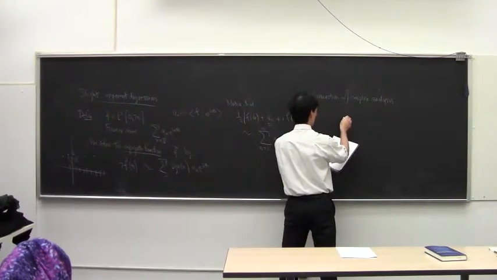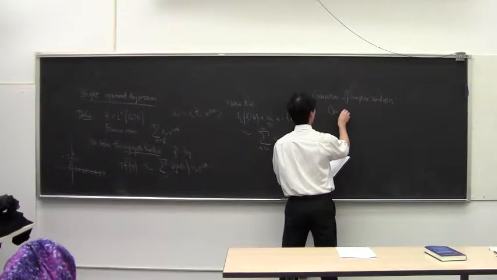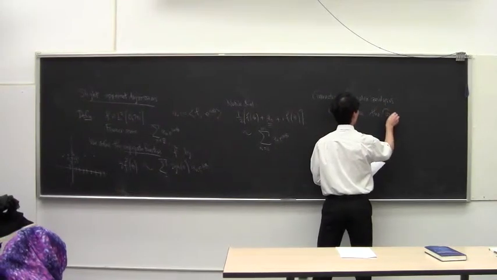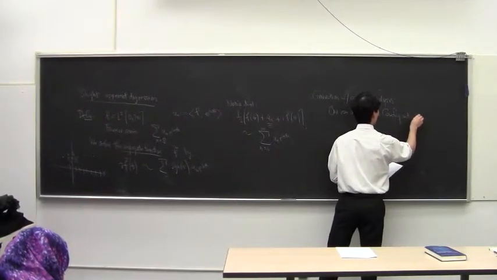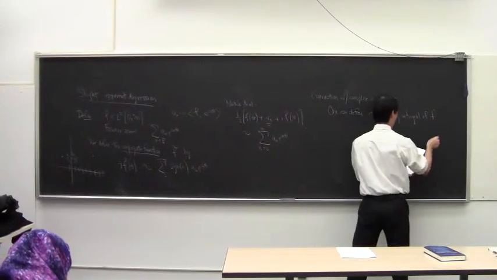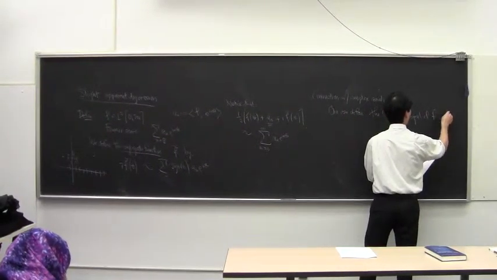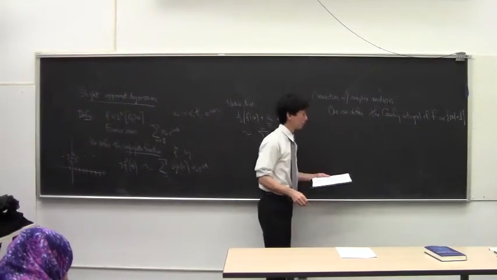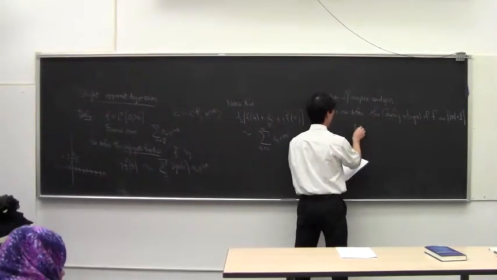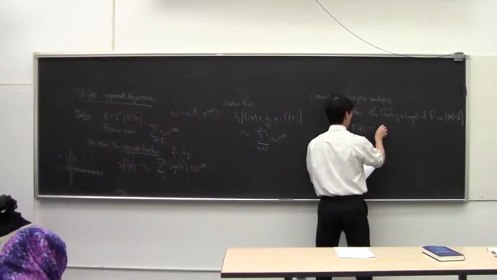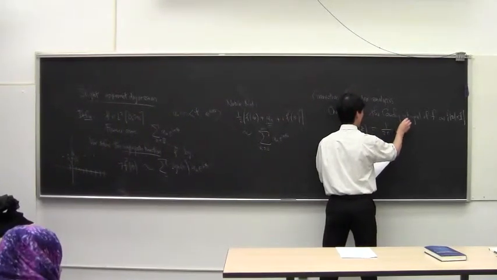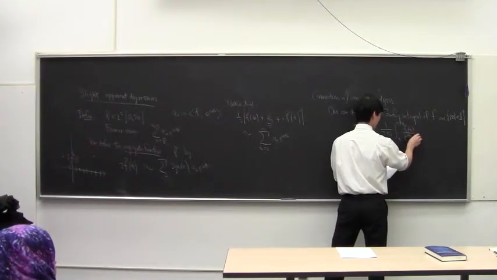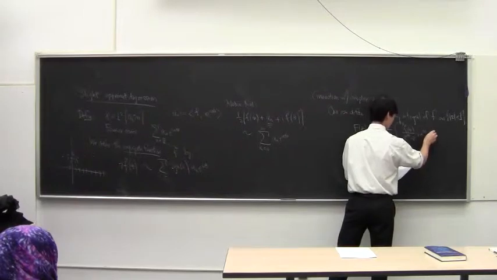And that is that you can define something called the Cauchy integral of f on the interior of the unit disk, and you define it like this: f of z is defined to be the integral from 0 to 2 pi of f(θ) over e^{iθ} minus z, times i e^{iθ} dθ.